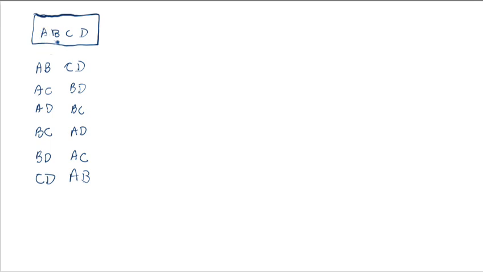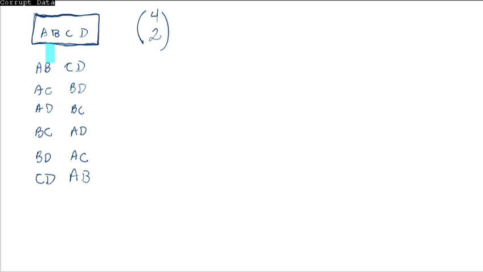Alex, Brandon, Charles, and Daniel, and we need to group them into 2 groups of 2 people, right? So what we're doing is 4 choose 2. And if I do this 4 choose 2, I'm actually considering, and I worked out all the possible combinations that we can.